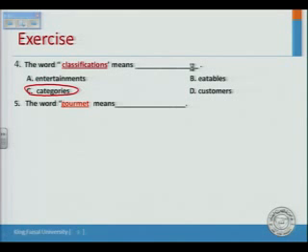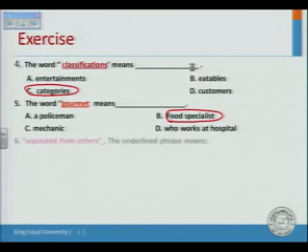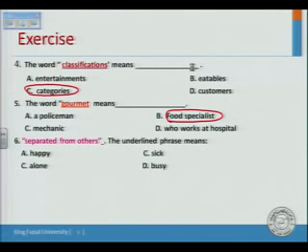Number 5, the word dietitian means, as we said here, food specialist or specialist in food. Number 6, separated from others means alone.